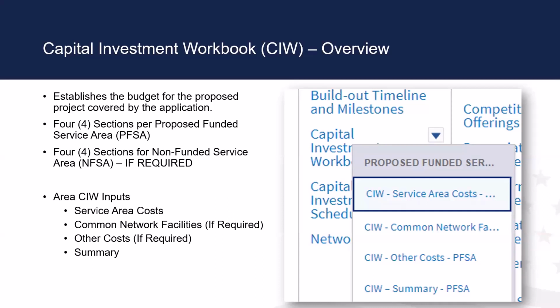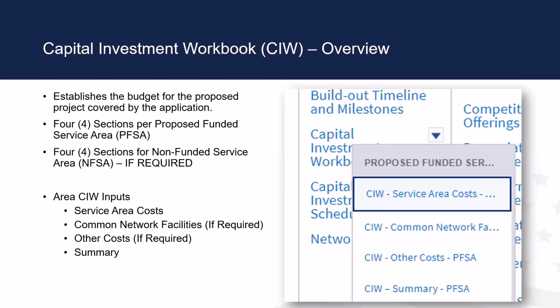There are 4 sections there, and for each proposed funded service area. Also, remember that if you didn't check yes in the beginning stages of the application that you were going to have non-funded service areas, then it's not going to allow those sections to be populated.